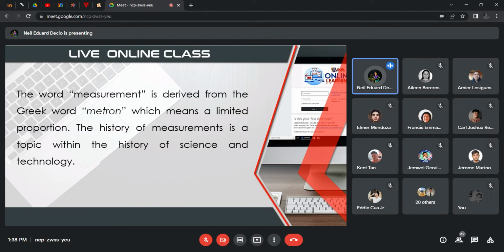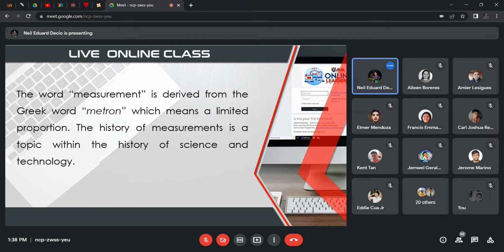So let's say they have different sizes, different weights or volumes, etc. The whole point of measurement is to quantify those properties, to put them in number form.